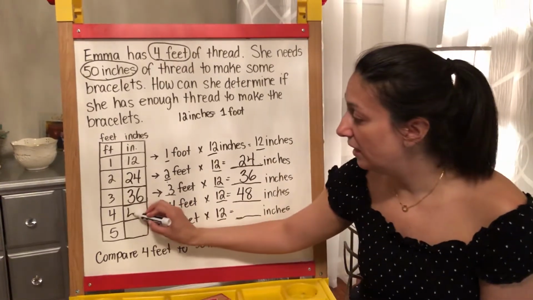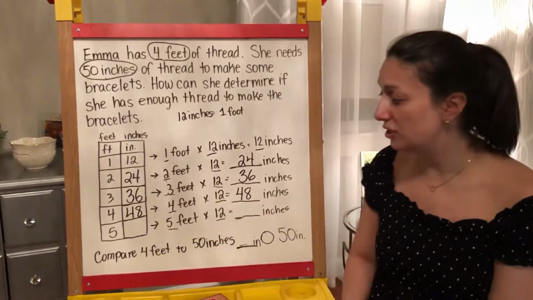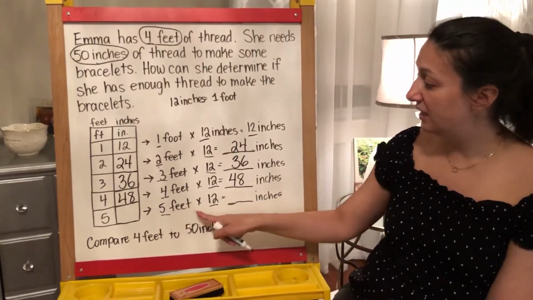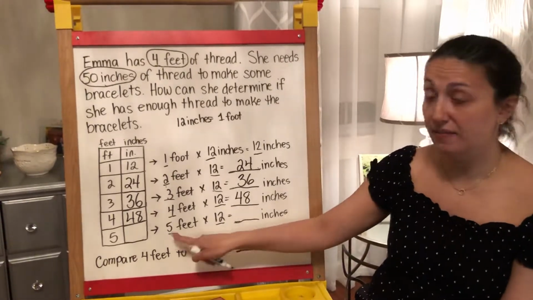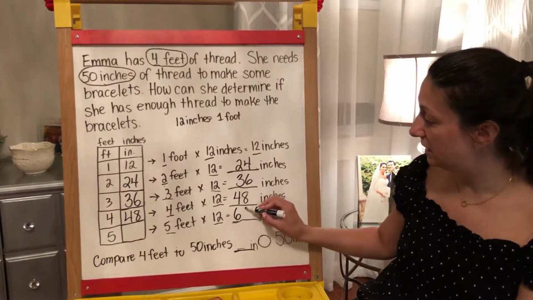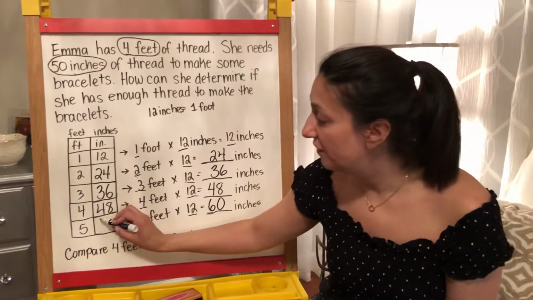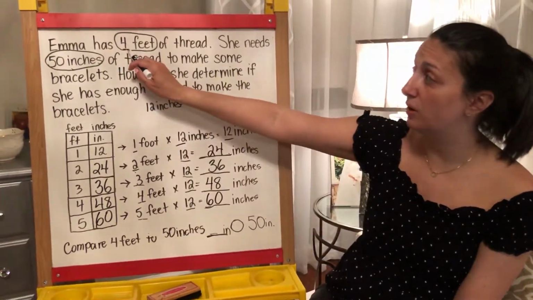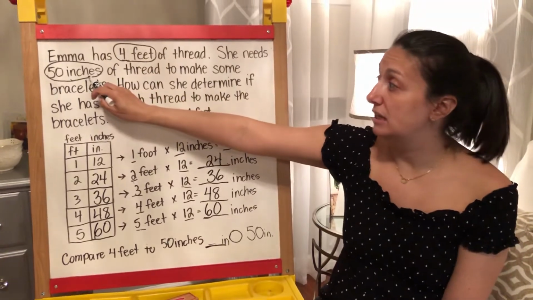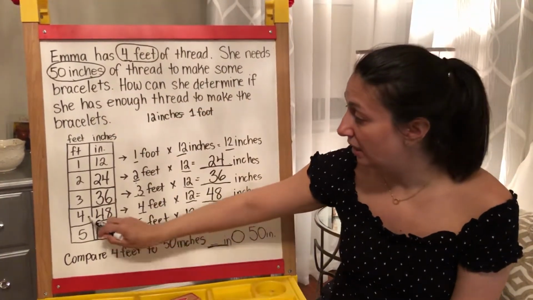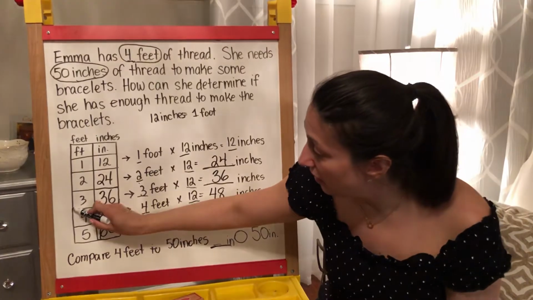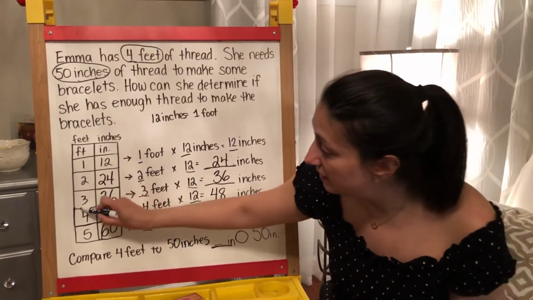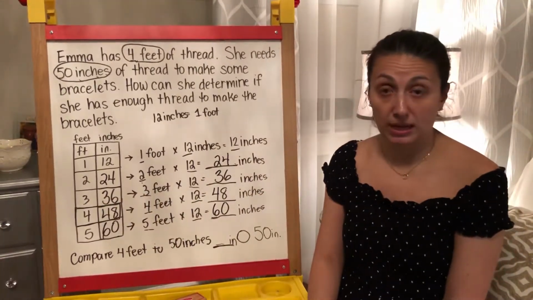So 4 feet is 48 inches. 5 feet times 12. 5 times 12 is 60. So 5 feet is 60 inches. So she has 4 feet. She needs 50 inches. So let's see. 4 feet on my chart is right here. And it says that 4 feet is 48 inches.